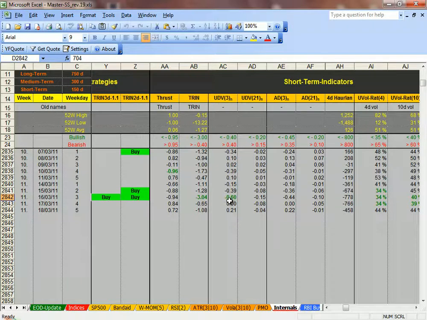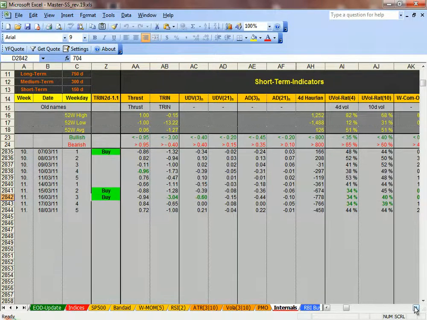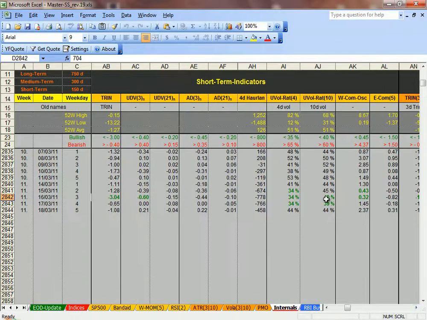As far as the 3-day up-down volume ratio, at -60 it was very extreme. Come across here, the 4-day volume and 10-day volume were both at extremes. They were still at extremes after the move up on Thursday.